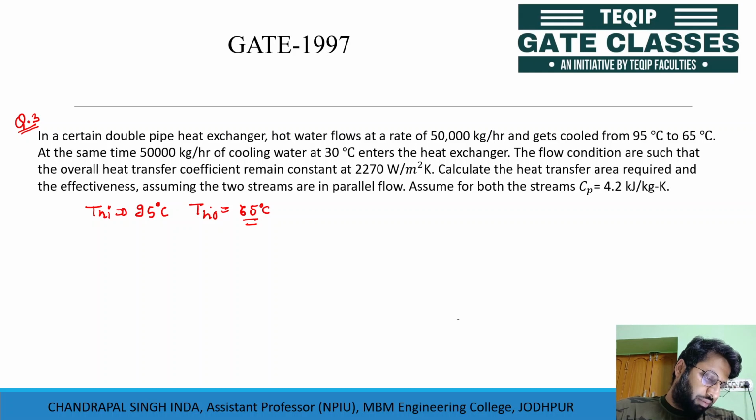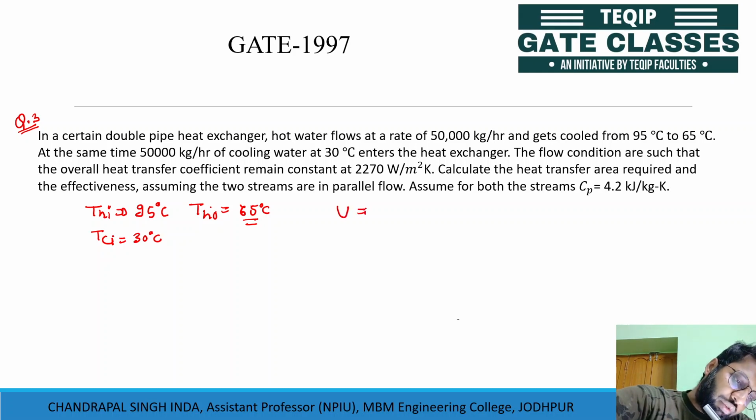At the same time, 50,000 kg per hour of cooling water at T cold inlet equal to 30 degrees centigrade enters the heat exchanger. The flow conditions are such that the overall heat transfer coefficient, the value of U, is also given, equal to 2270 watt per meter square Kelvin.